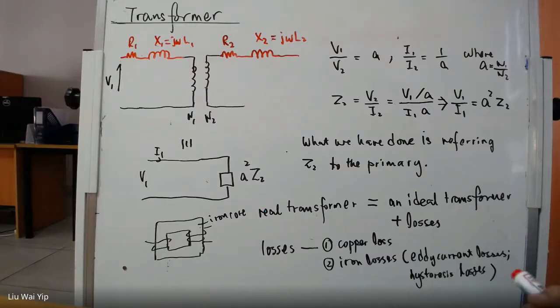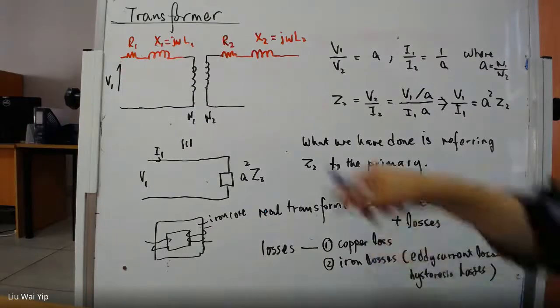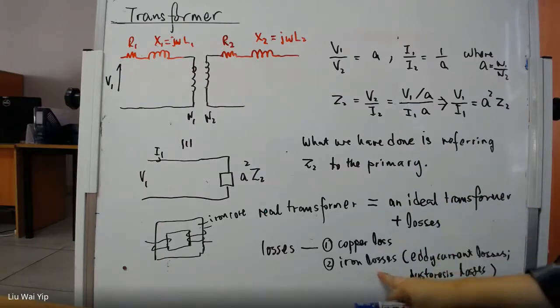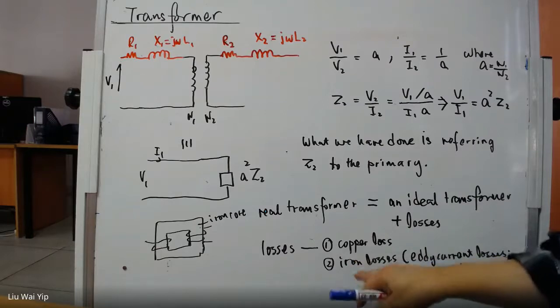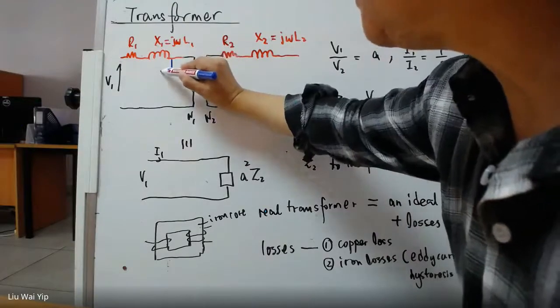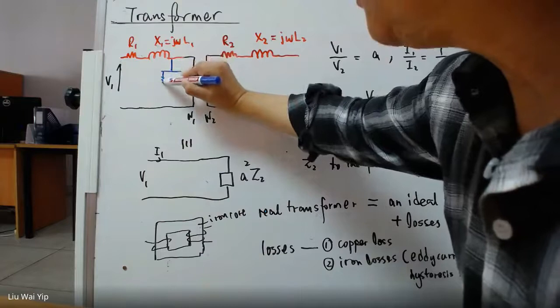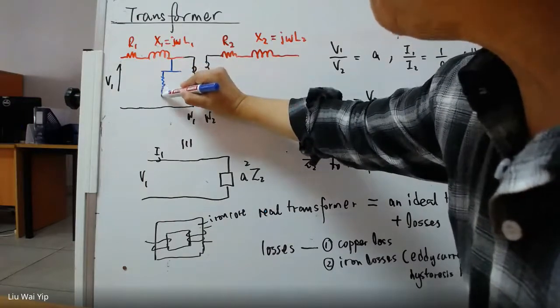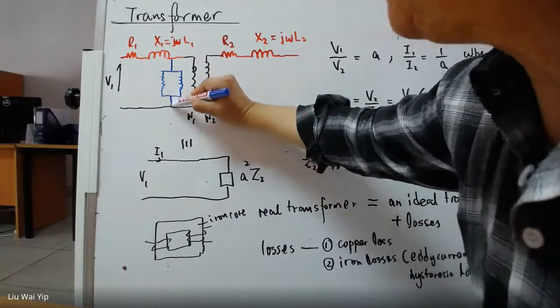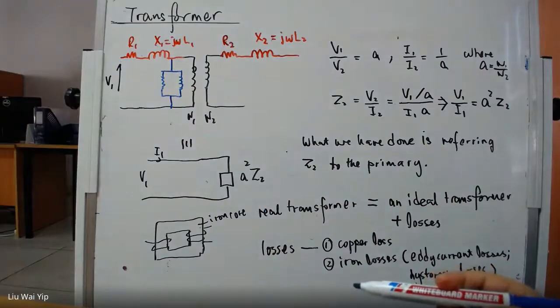The transformer here has already taken care of the copper loss. So we need to include iron loss, core loss, and the core loss is normally modeled as a parallel component in the transformer schematic model.